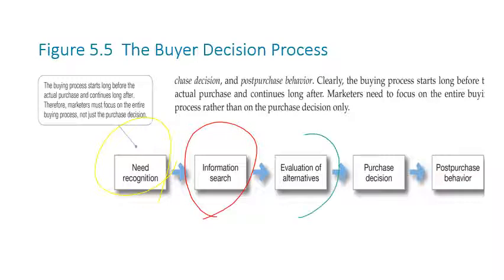Then after that, we are going to go ahead and evaluate the different options or alternatives that we have in the marketplace that could fulfill that need that we have noticed. Next, we will go ahead and decide whether to buy something or not, and if so, which one of the options that we are going to purchase.